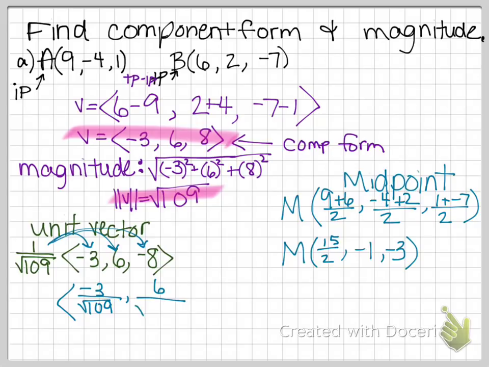Then we'll also have 6 over the square root of 109 for my y component, and -8 over the square root of 109 for my z component. If you were to find the magnitude of that, the magnitude would be 1. So that is your unit vector. Ain't it a beaut?